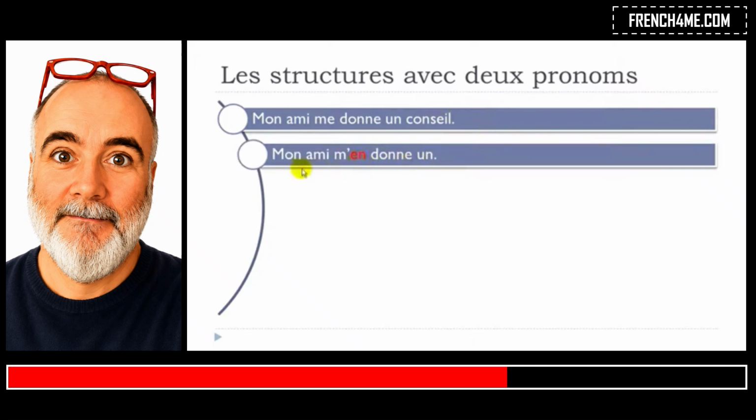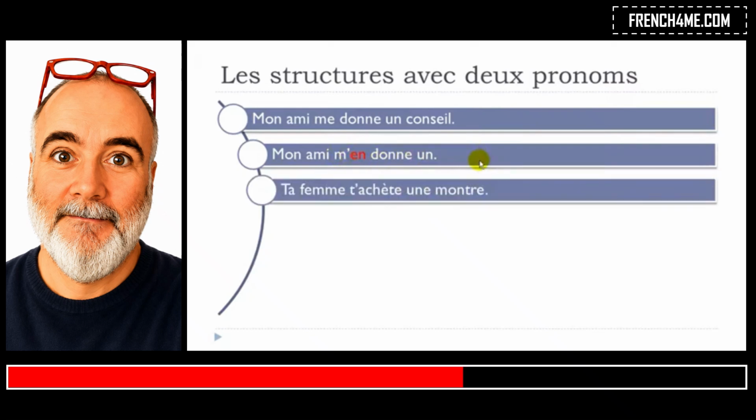So, mon ami, me should be in the first position, and then en should come right after, and then the verb. But me, with en starting with a vowel as well, the e should go away. That's the reason why you will have this m', so m'en donne un.